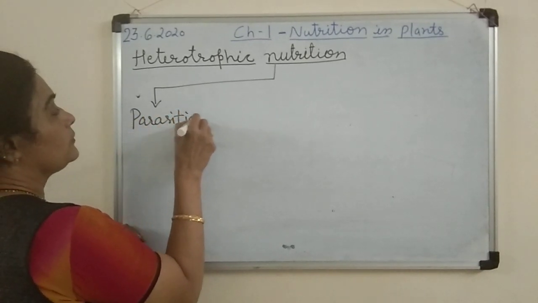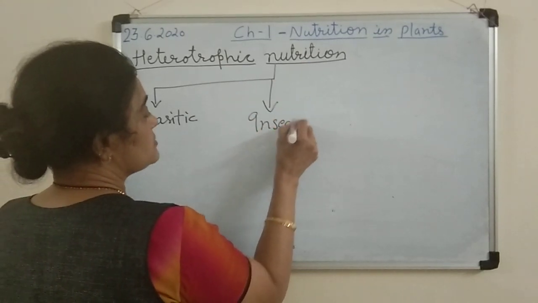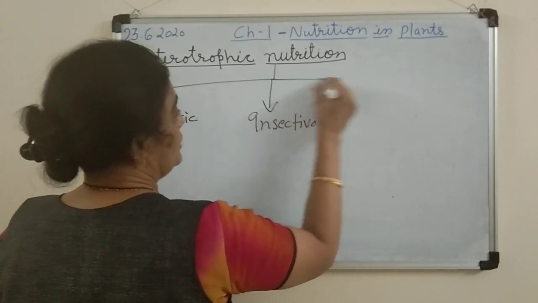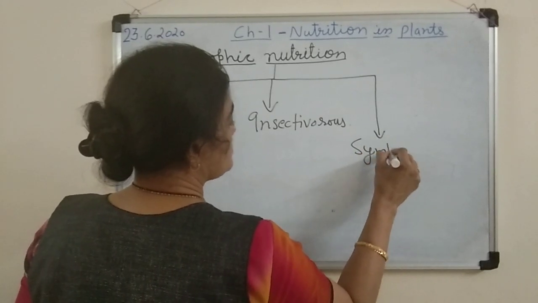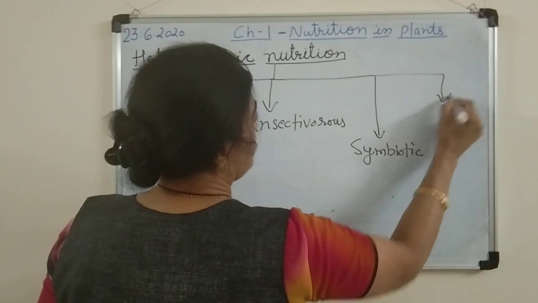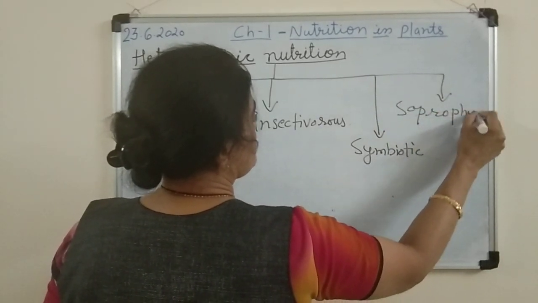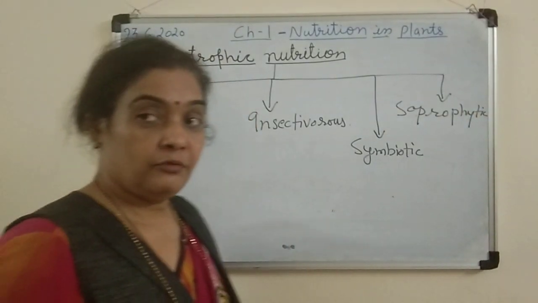So, there are 4 types: parasitic, then insectivorous, then symbiotic, and saprophytic. These are the 4 types of plants.